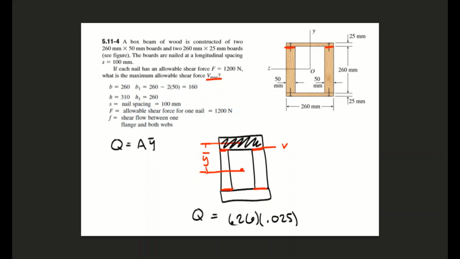And then our Y bar is going from there to there, so it's our 0.025 plus 0.26 over 2, and I believe that gets something like 0.1425. That is how you solve for the Q.